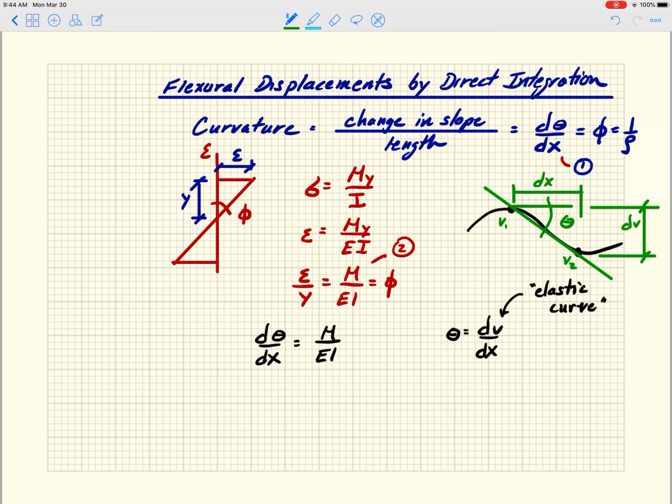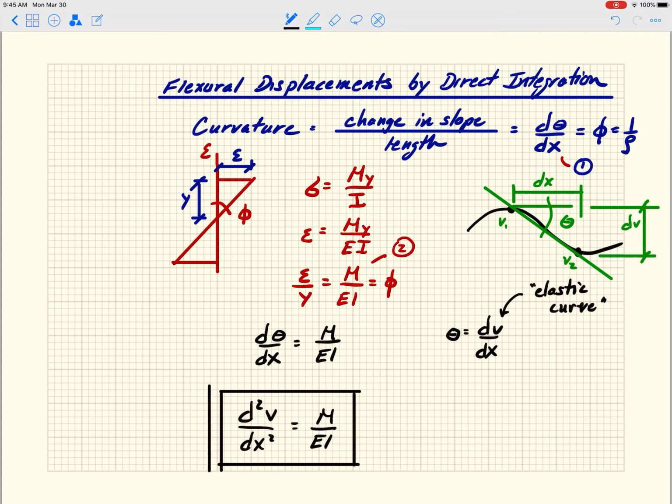So the change in y displacement divided by the change in horizontal position gives me theta. And that's what that elastic curve V is. And so if I take the derivative of that, dV dx, I get theta. And if I then summarize this by plugging all of that in, I get d squared V dx squared equals M divided by EI.